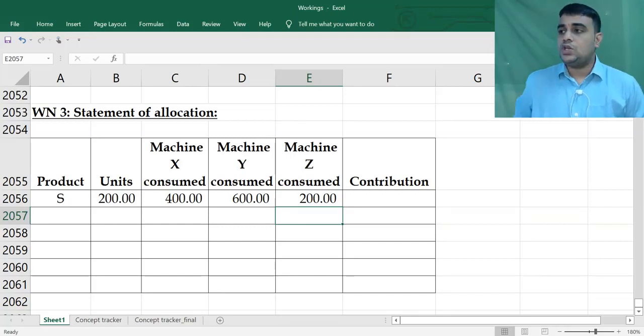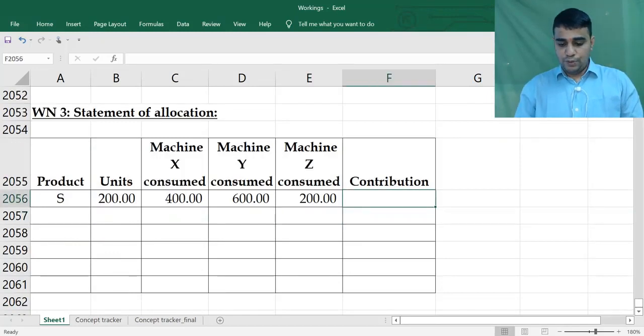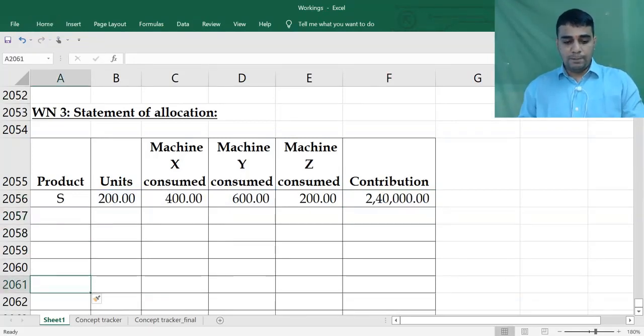I will have to ensure none of X, Y and Z exceed 6,000 individually, not all put together, but none of them individually can exceed 6,000 hours. So 200 maximum demand I have put, I multiplied with 2, 3 and 1. Contribution is 200 into 1200. This is fine. As of now we are not going beyond the limit which was set.